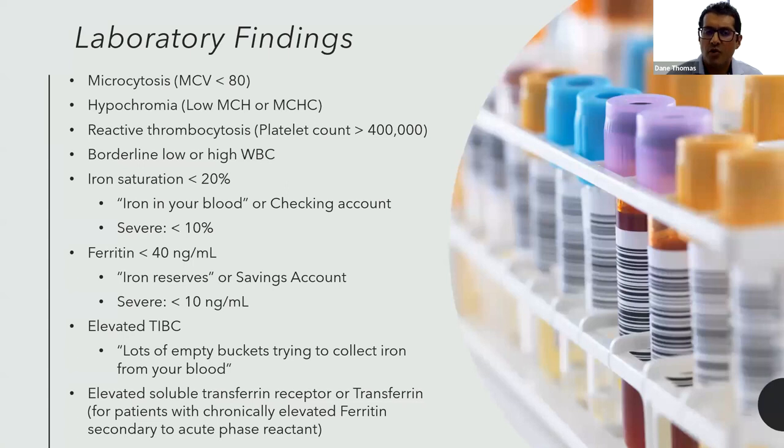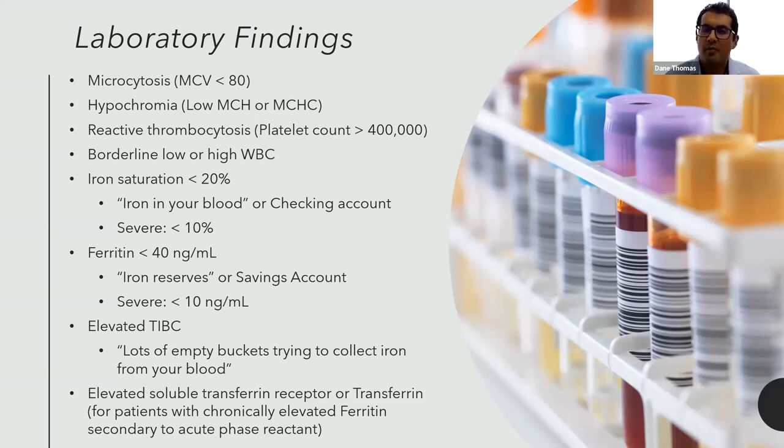And in rare cases, we also check an elevated soluble transferrin receptor, or transferrin, and these values are elevated just like TIBC. We check these values because some patients who have chronic inflammatory conditions can have a falsely elevated ferritin, because ferritin is also an acute phase reactant.